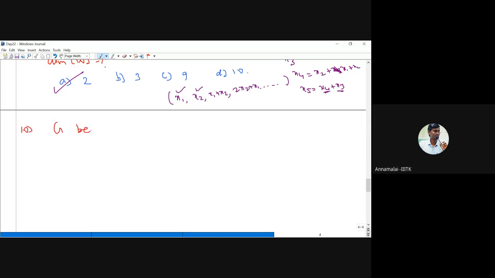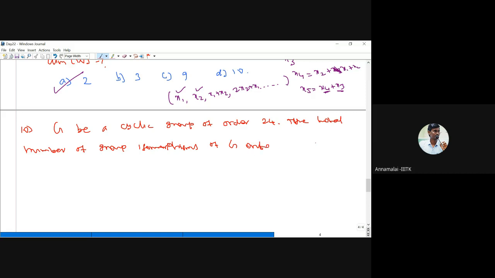Now the question is the total number of group isomorphisms of G onto itself. So how many isomorphisms are there from G to G? And G is a cyclic group.